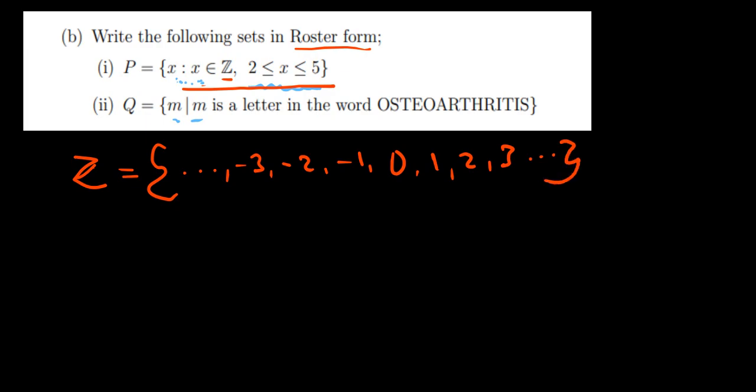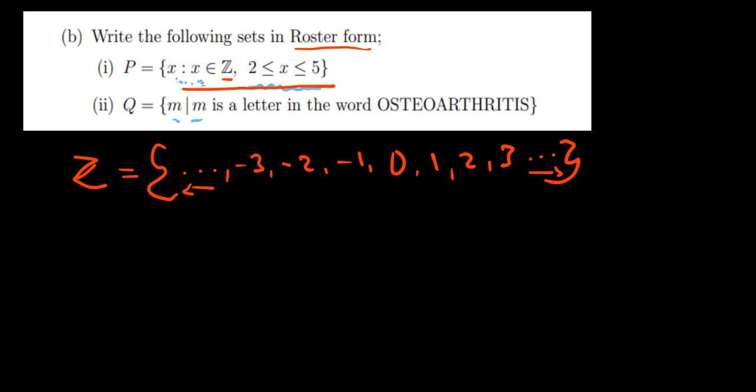You see that here it continues to minus infinity, and over there it continues to positive infinity. So the set of integers is the set of all the negative and positive numbers, removing all the fractions, and including zero. So this is the set of all integers.